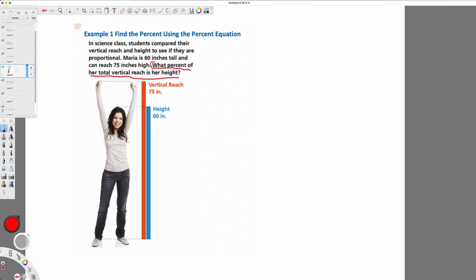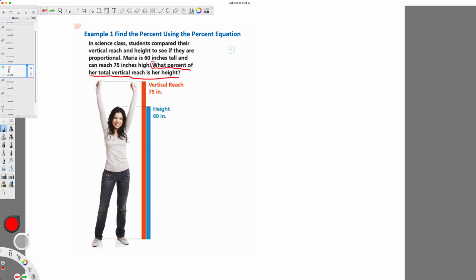So look at that question. What percent, I don't know, of her total vertical reach, I do know that, is her height? So that question is telling me the equation. I don't know the percent. I'm going to call that P. So I'll start.